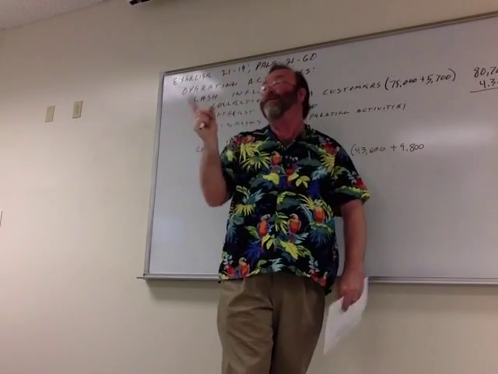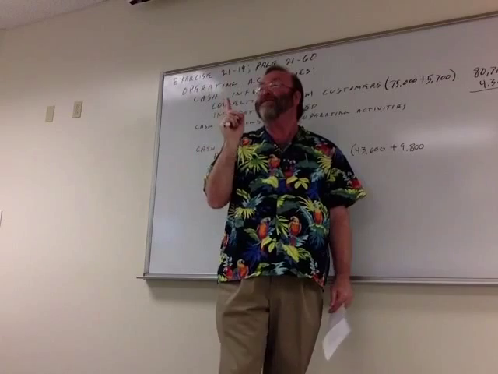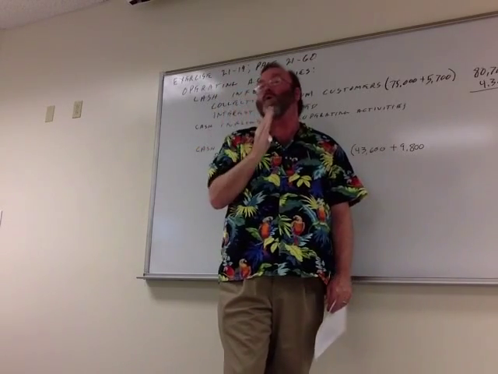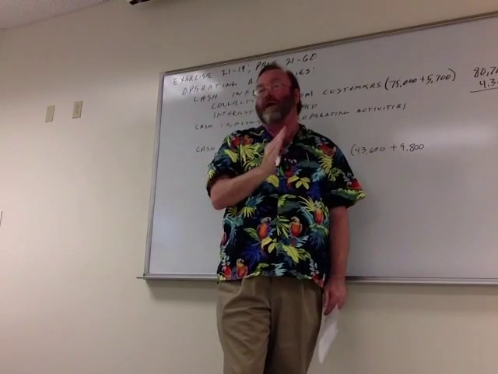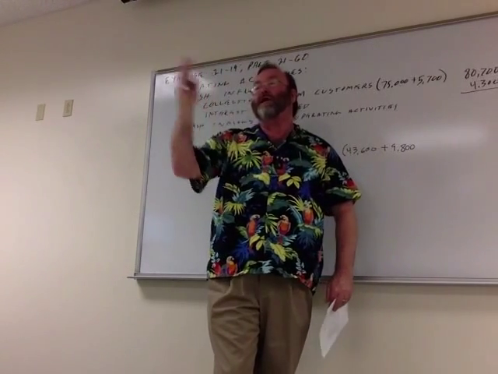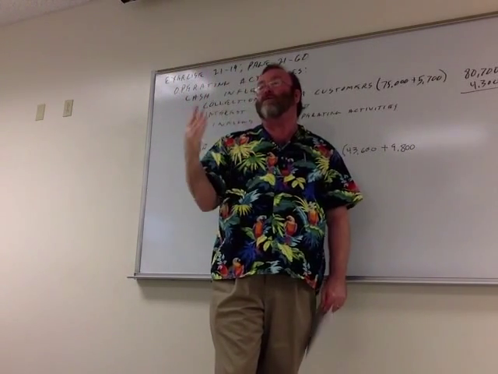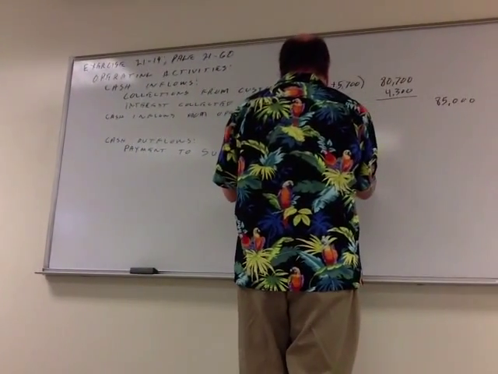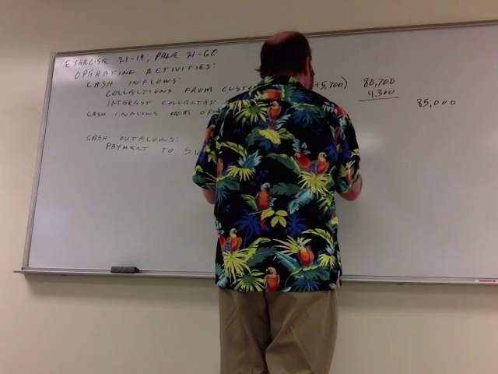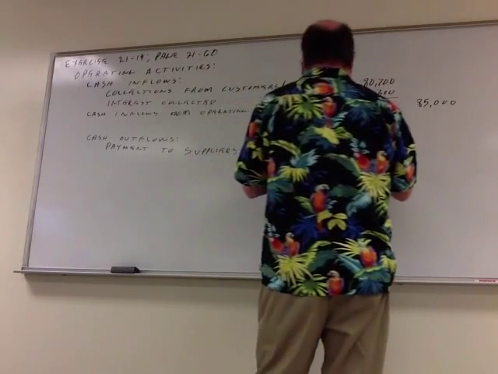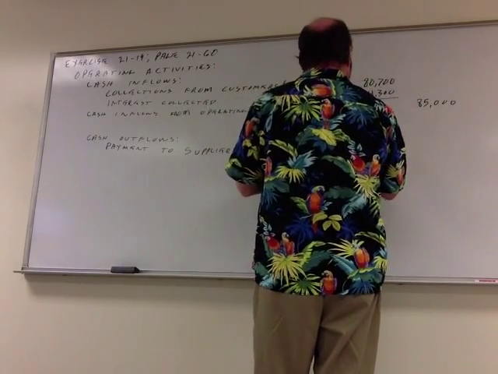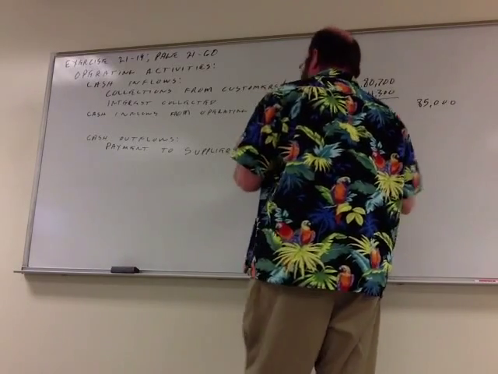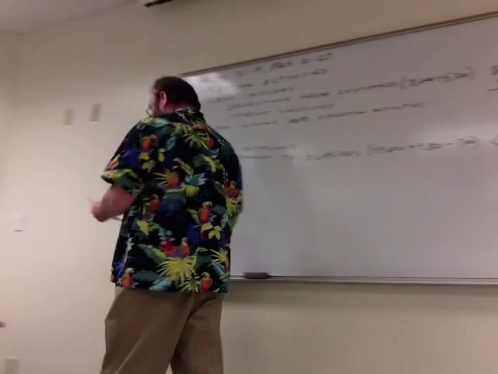Think it through. If what we owe now in accounts payable is more than we started the year with, did we increase or decrease our payments to our suppliers? We decreased it. So we need to subtract 7,000. And that gives us 46,400 in payments to suppliers.